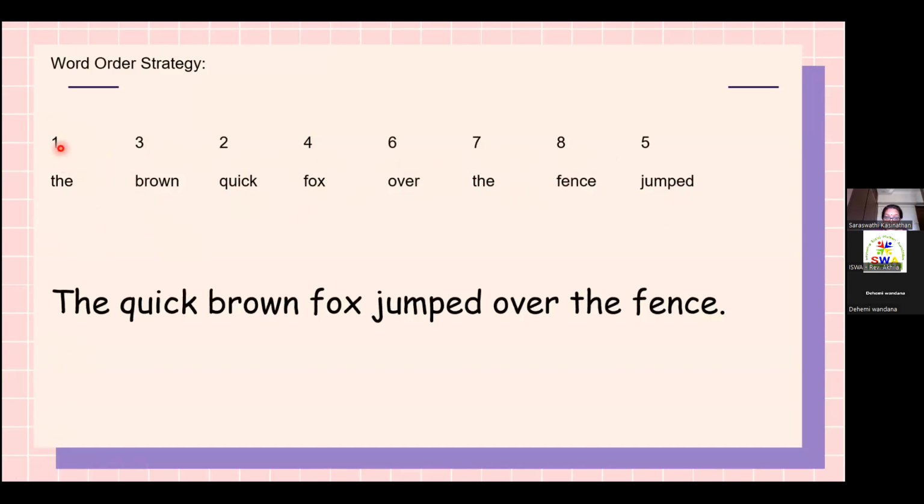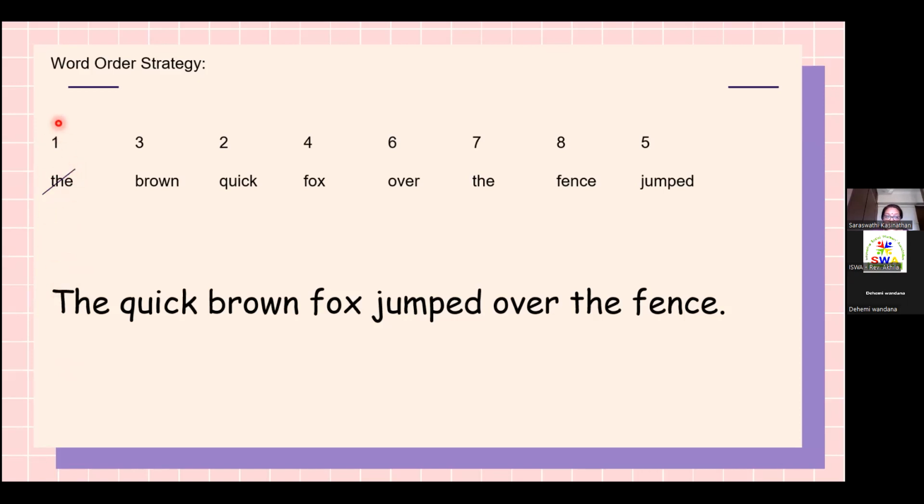If you notice, I change it to a capital letter. Quick brown fox jumped over the fence, and I end it with a full stop. As you write, what you need to do is cancel the word.